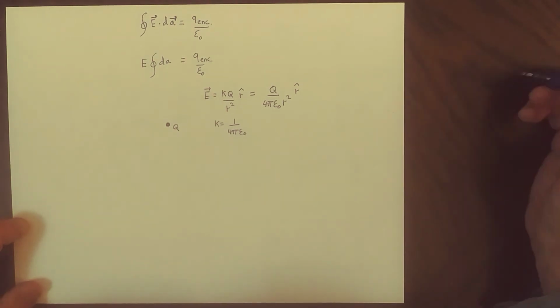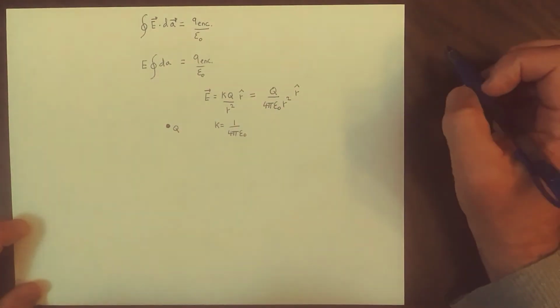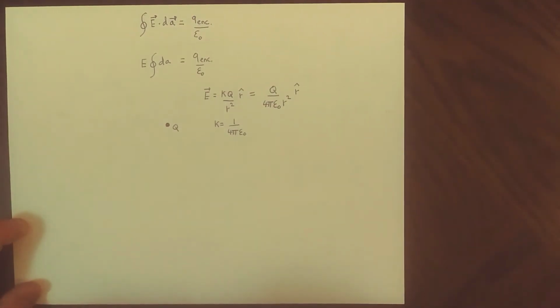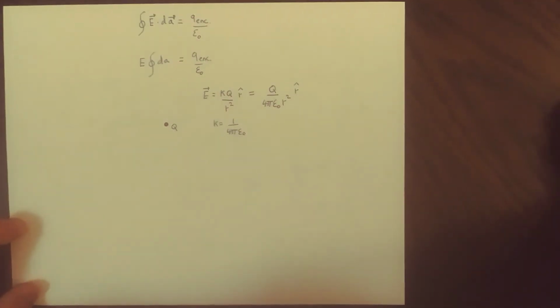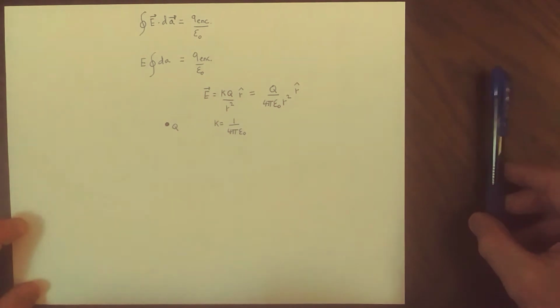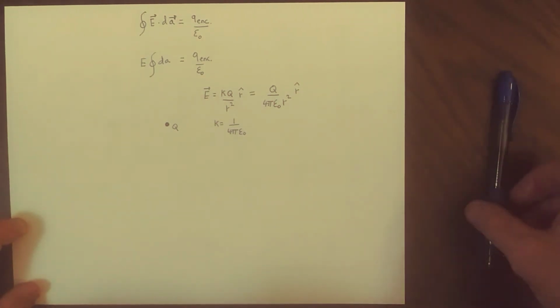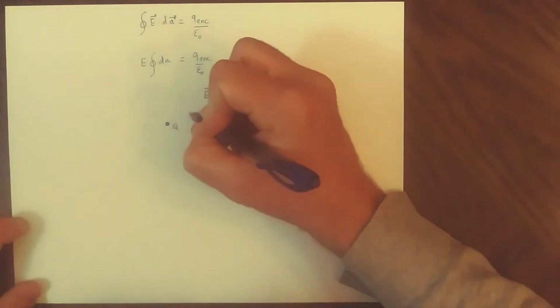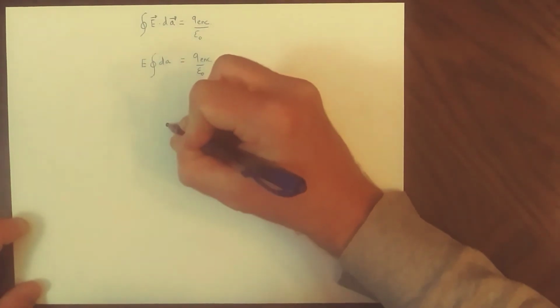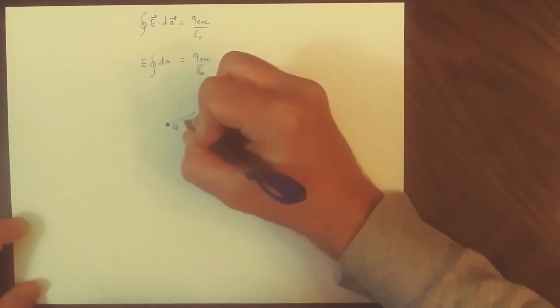Okay, so we want to show how Gauss's law can get us this electric field. Well, the left-hand side requires thinking of a closed surface, so where is the electric field everywhere the same? Well, at some distance r, right? So let's say this is a distance r.